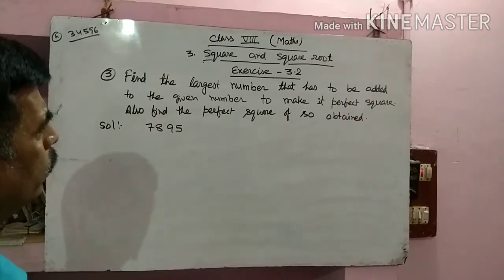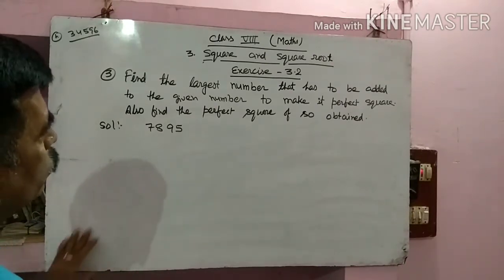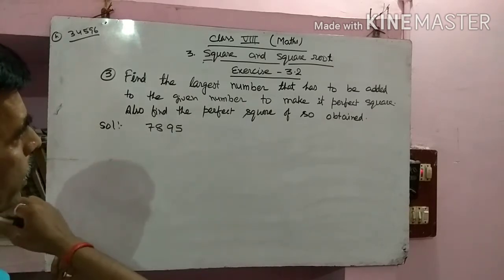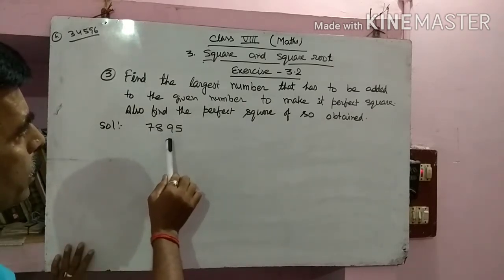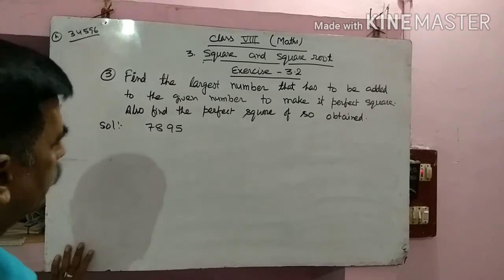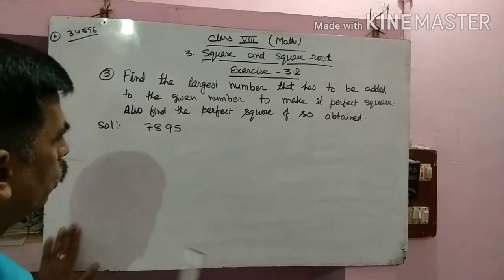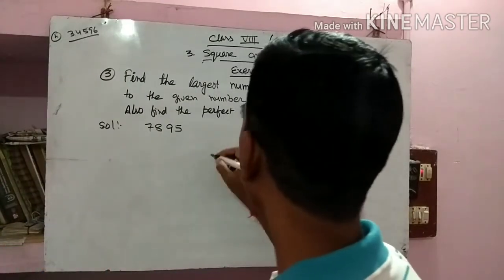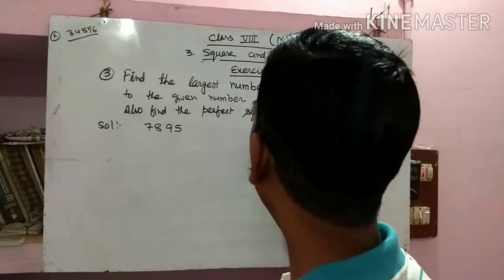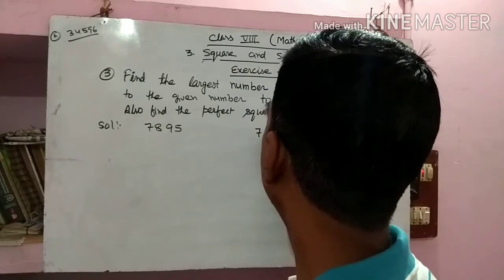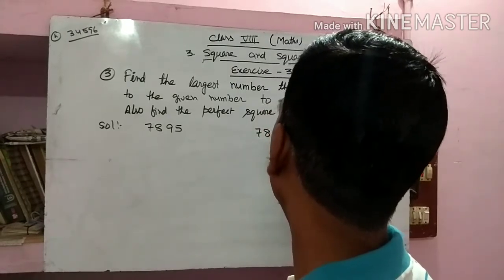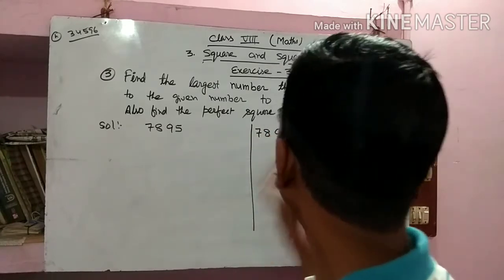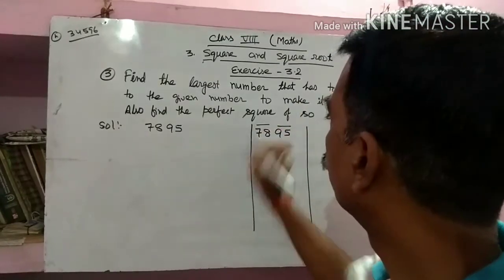So first of all, we have to find the square root of that number. Okay, this number is not in the form of a perfect square, so we have to apply the long division method on 7895.